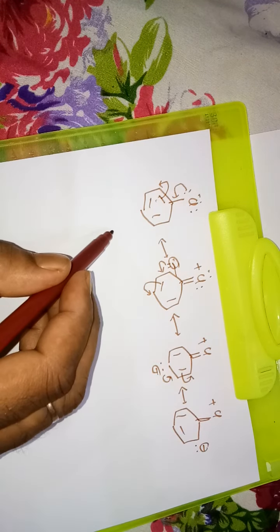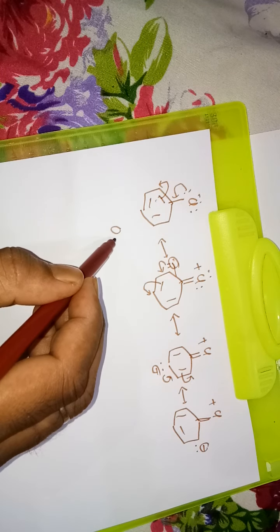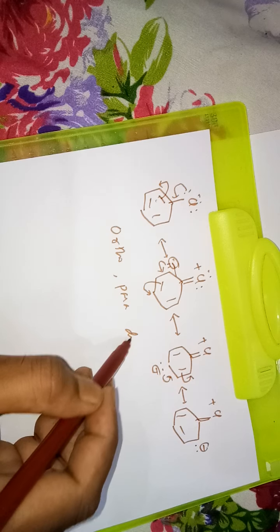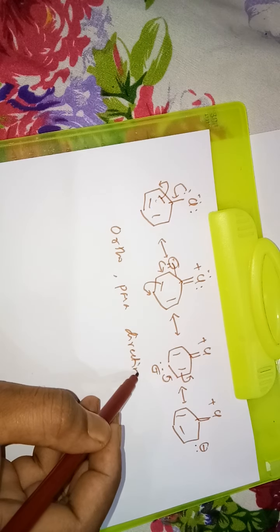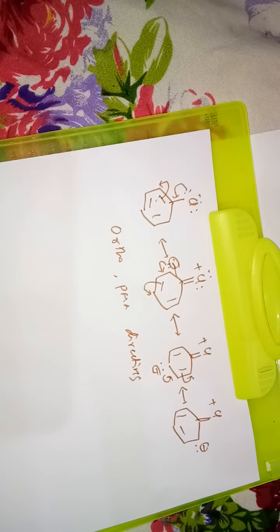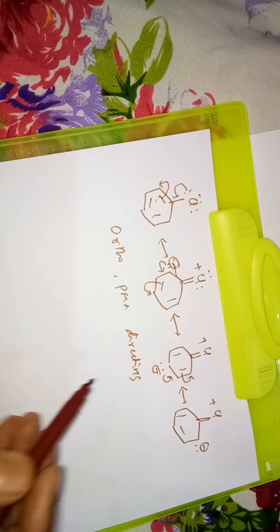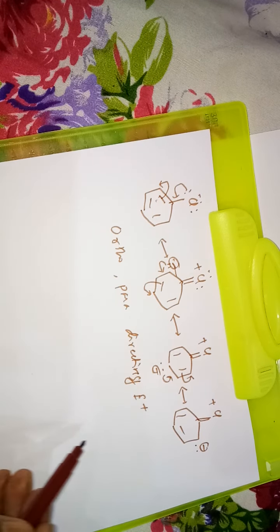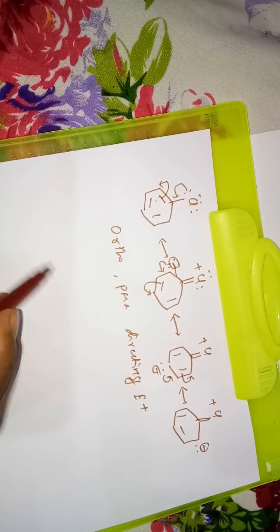So we get that chlorobenzene is ortho para directing. Now, if it is ortho para directing towards an electrophile, then if a positive charge comes, it will enter at the ortho or para position.